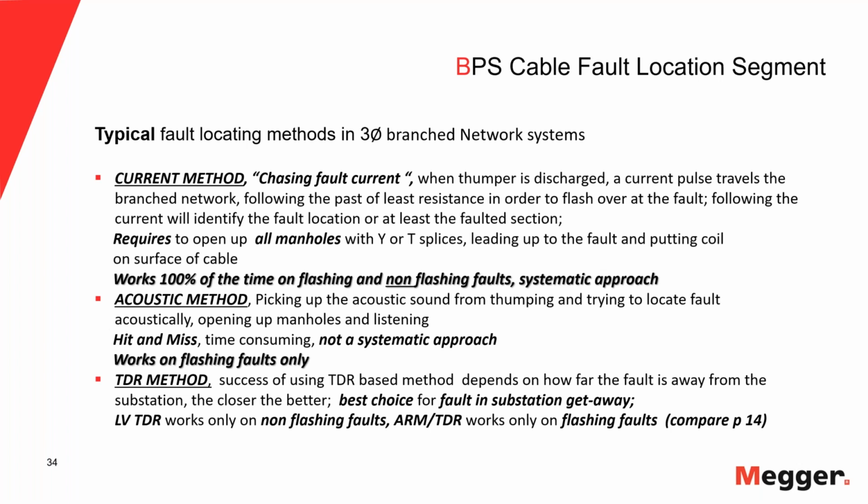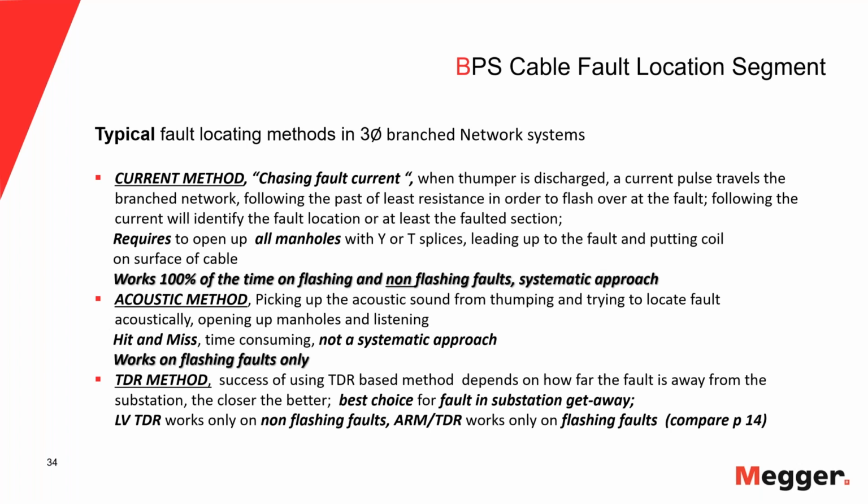We cannot see the fault current, so we have to find a method to detect it, and that is what we use a galvanometer for. By putting a coil on the cable, and when we thump, we get a current pulse, and with the galvanometer we can pick up that current pulse and see the direction in which we have to go. So the idea is, I don't go to every manhole.